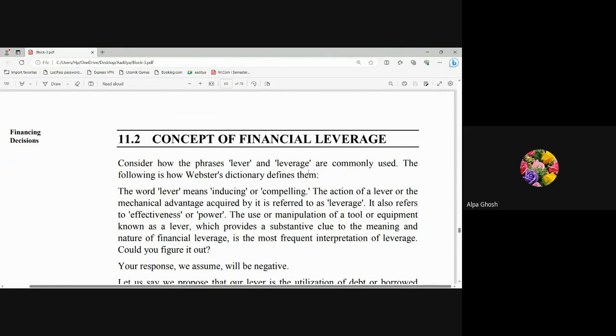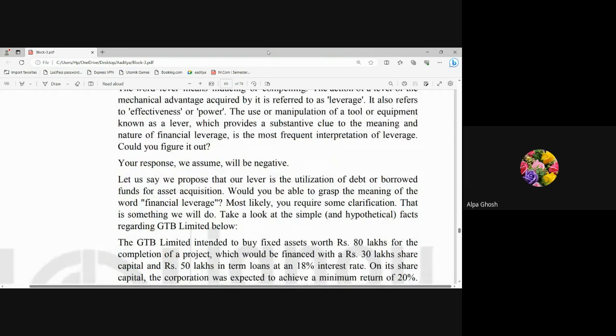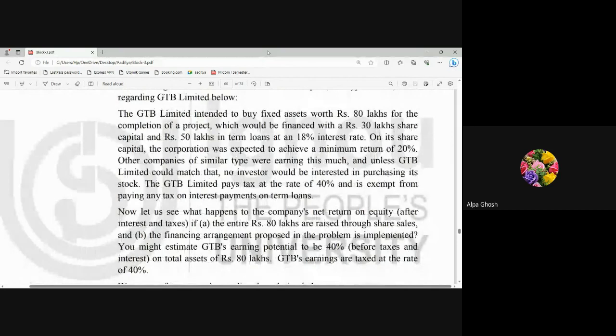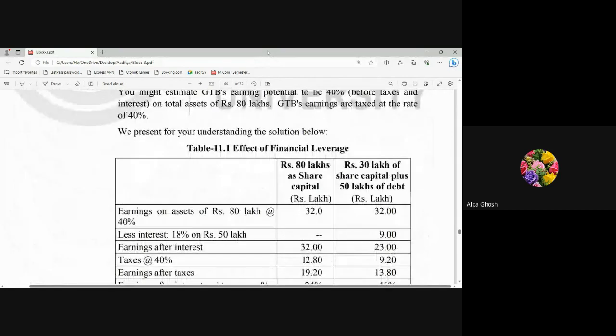Leverage means the action of a lever, or a mechanical advantage. So leverage is effectiveness or power. When we talk about financial leverage, it means we are using the power of financial assets so that we can have more and more profits.